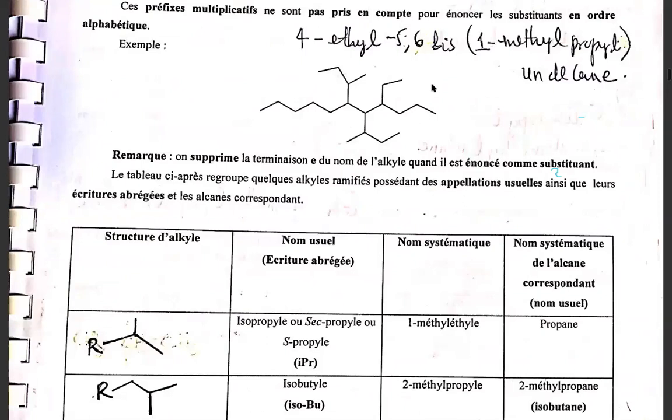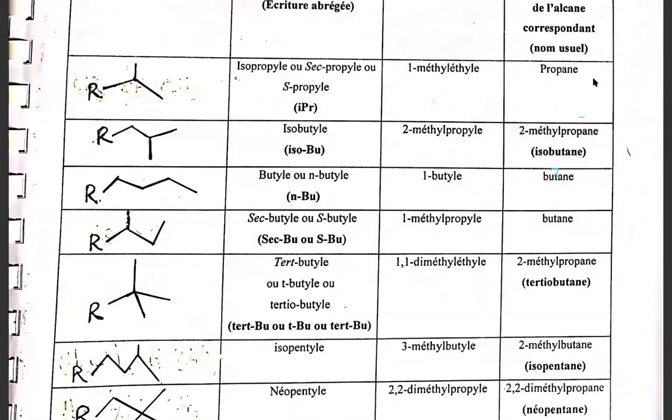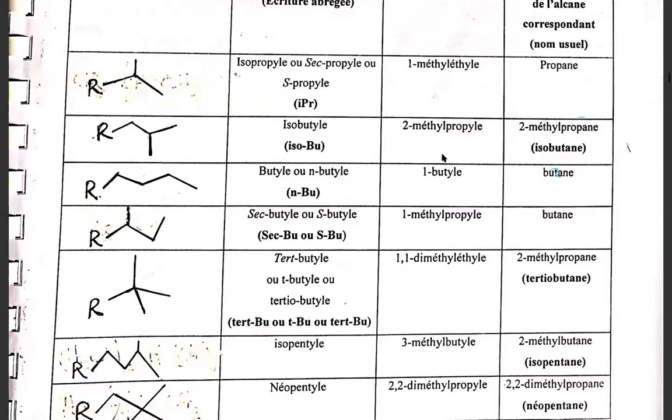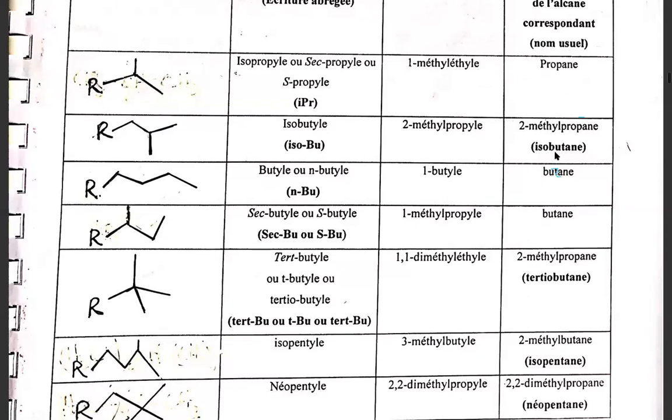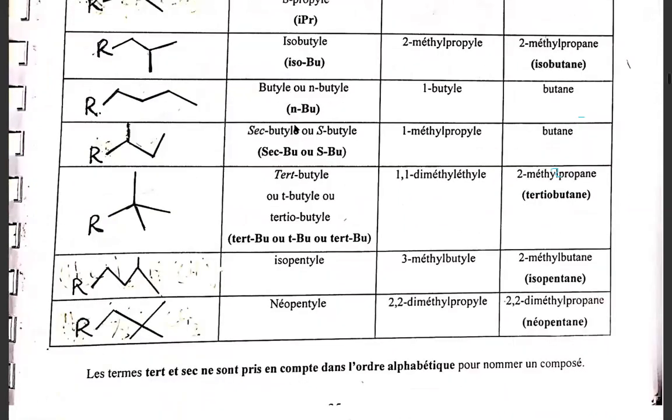You can have methyl ethyl, that can also be called propane. In a case where this is an isomer, you can also have isobutyl, that is 2-methyl propyl, which can also be called isobutane. You can have butyl or n-butyl, which can also be called butane.